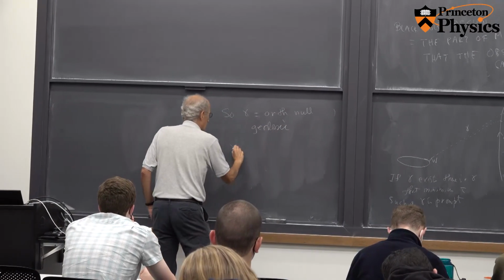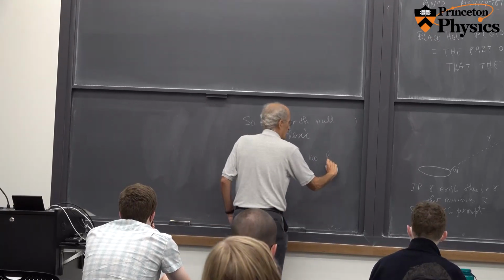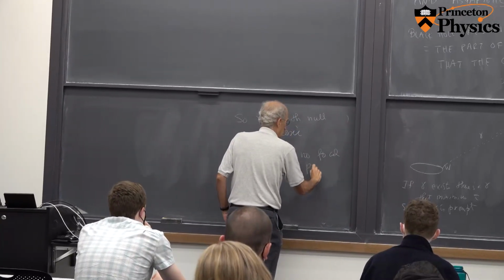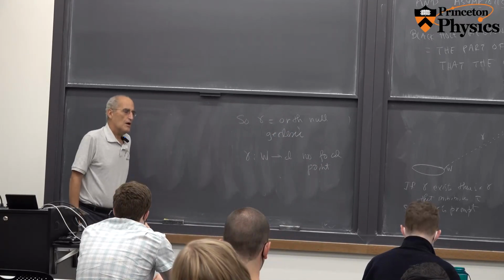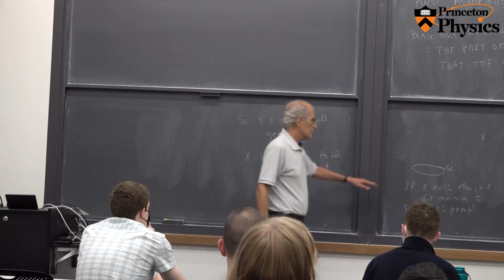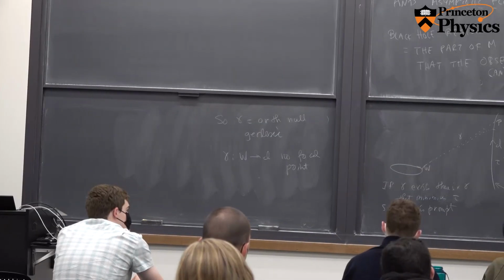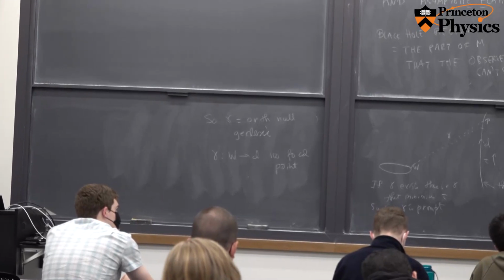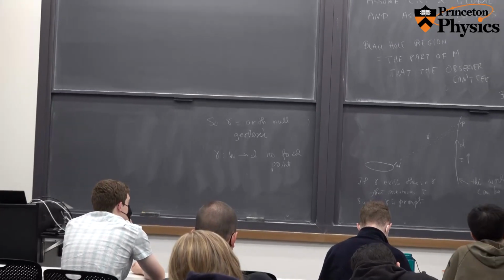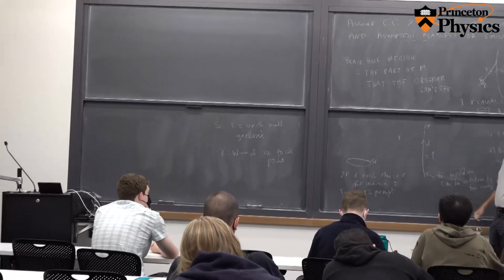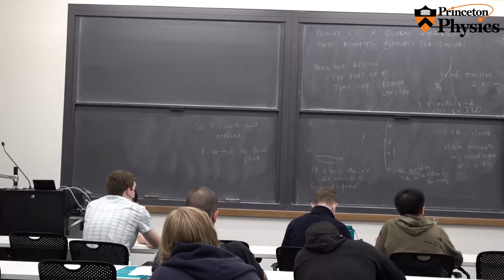But that's not enough. The segment of gamma that goes from W to I has to have no focal point. But here's where we run into a contradiction. We know that since W is a compact trap surface, there's an upper bound on the affine parameter before the first focal points. And since W is compact, there's a fixed upper bound that's valid for all the orthogonal null geodesics.